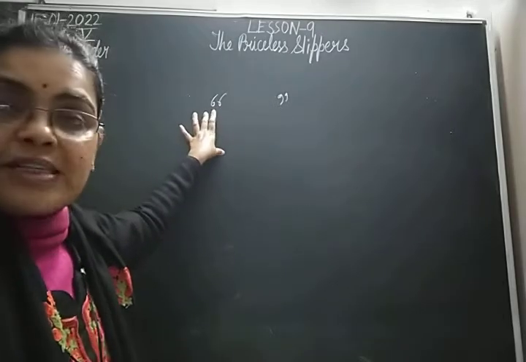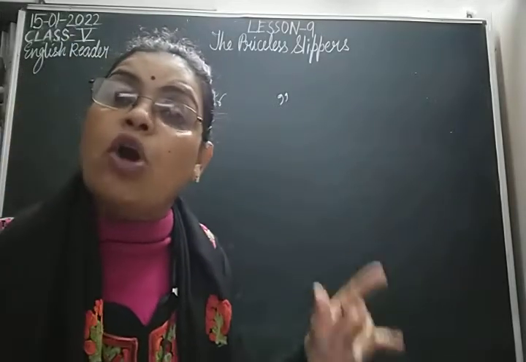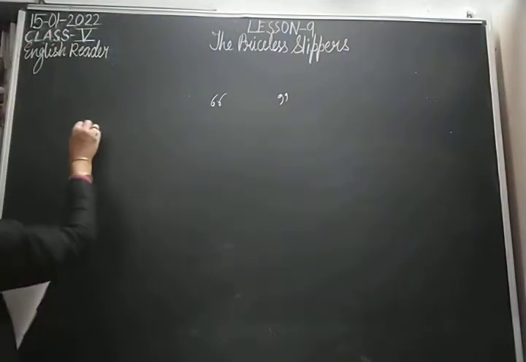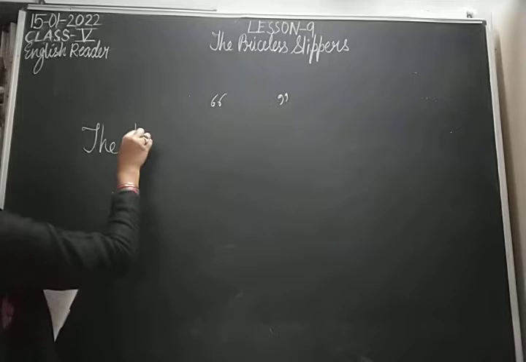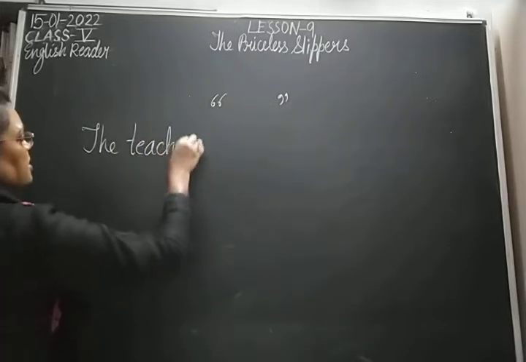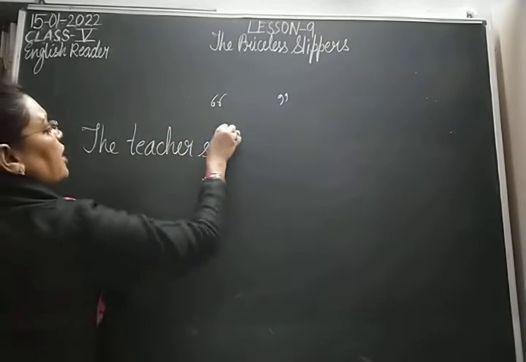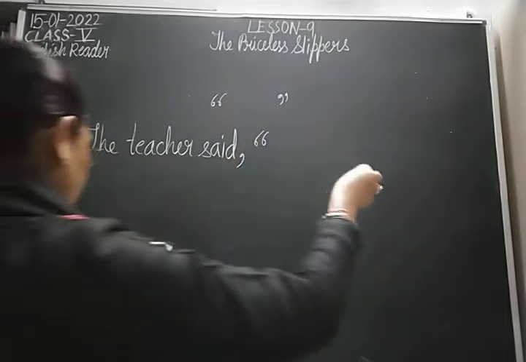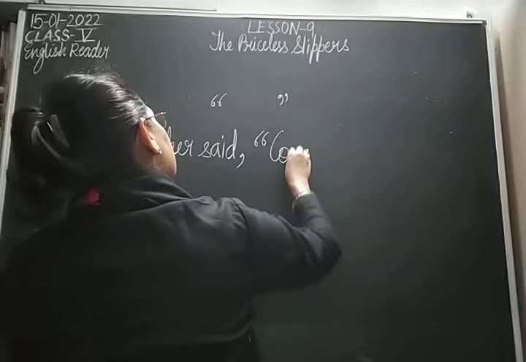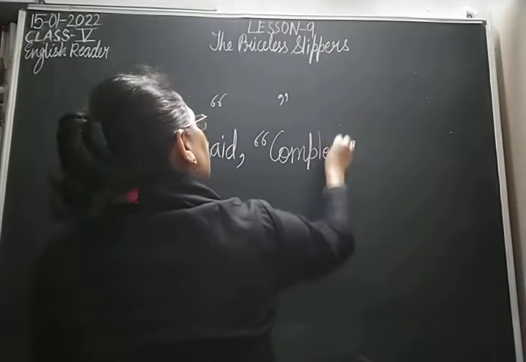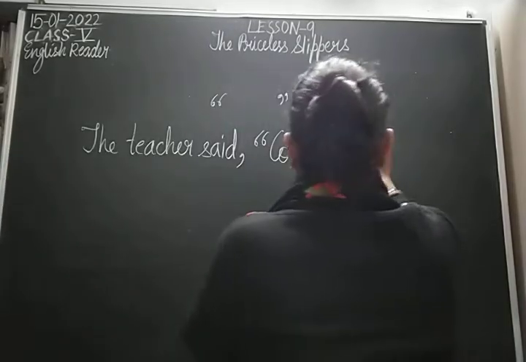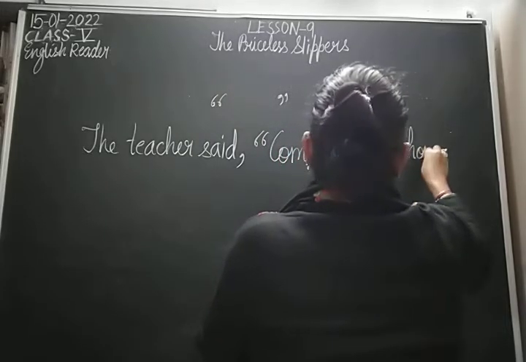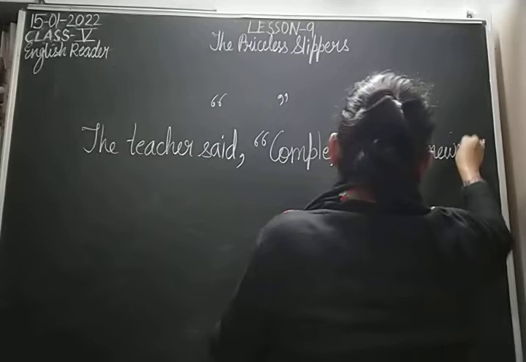Fine. For example, the teacher said, complete your homework. The teacher said, comma के बाद, example I'm explaining. The teacher said, teacher ने क्या बोला? Complete your homework. तो ये जो है complete your homework, ये teacher के exact words है. ये हम within inverted commas, that is quotation marks हम डालेंगे.